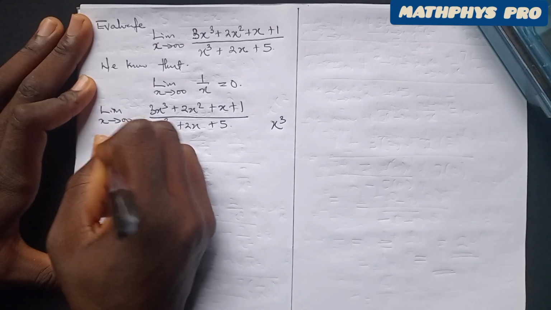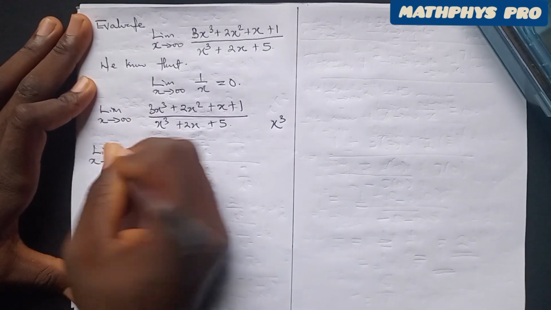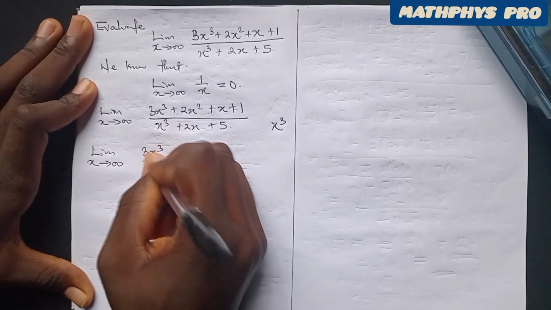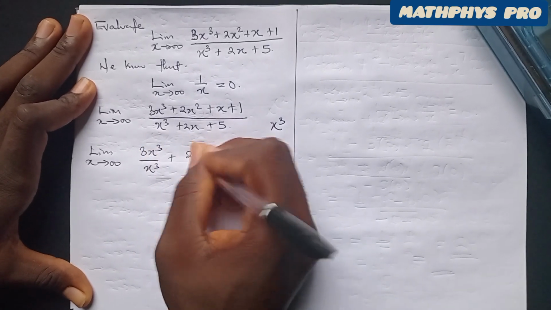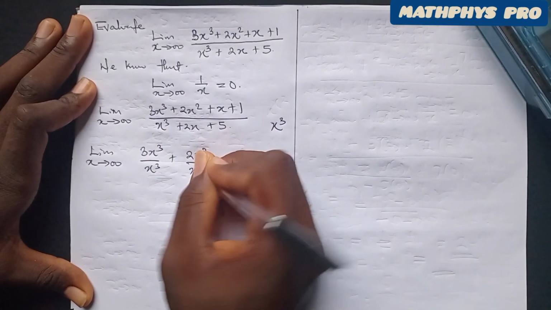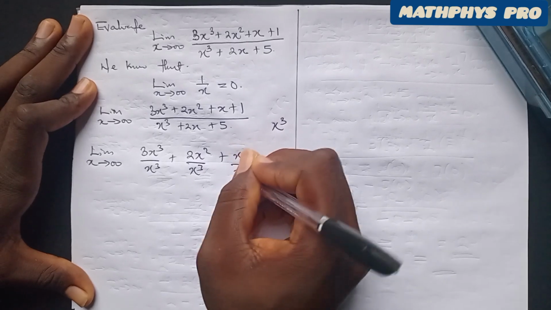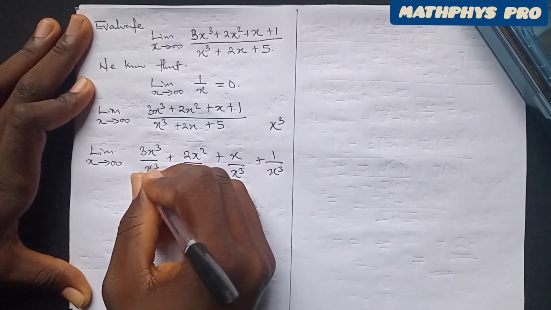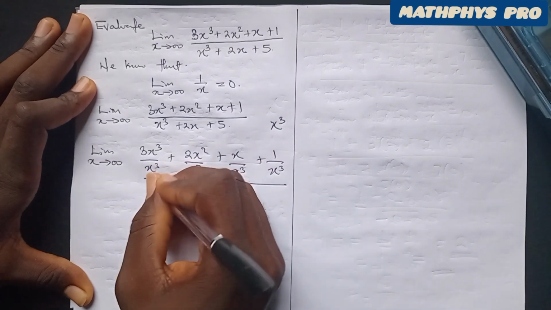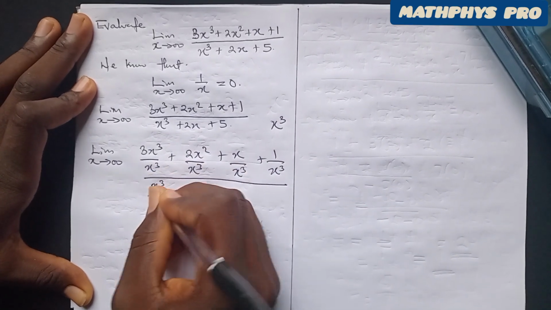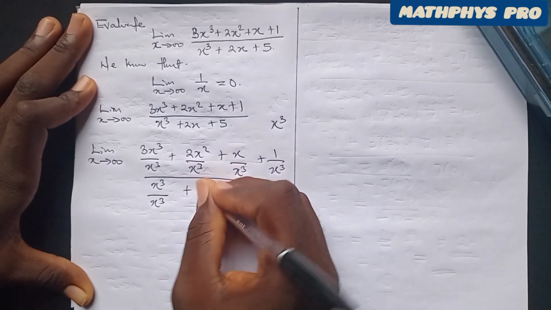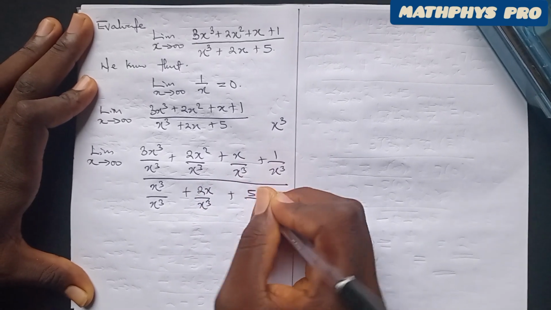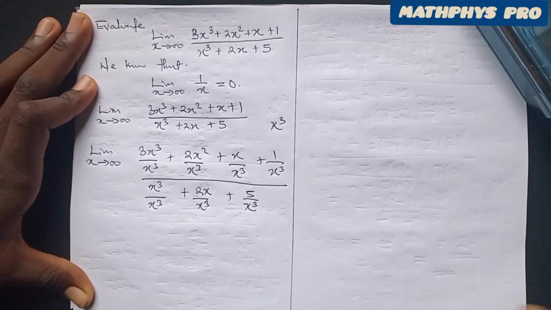So we have the limit when x approaches infinity, 3x cubed divided by x cubed plus 2x squared divided by x cubed plus x divided by x cubed plus 1 divided by x cubed, over x cubed divided by x cubed plus 2x divided by x cubed plus 5 divided by x cubed.